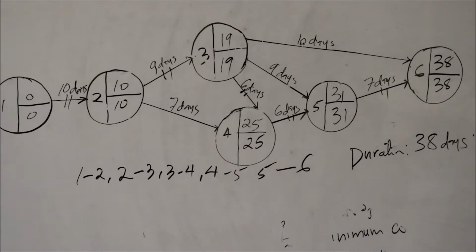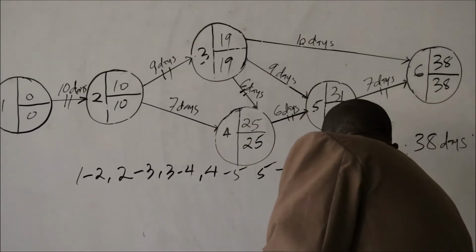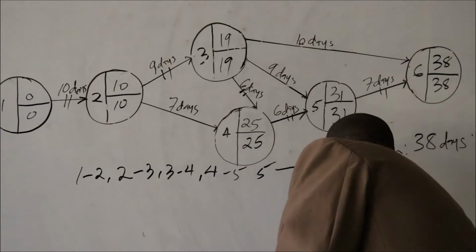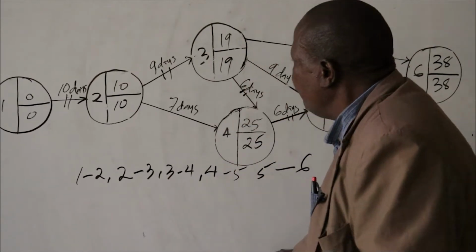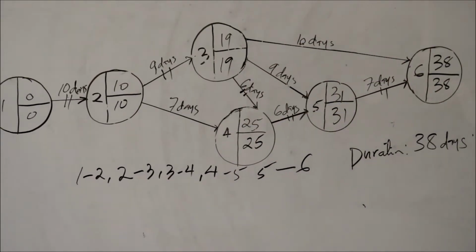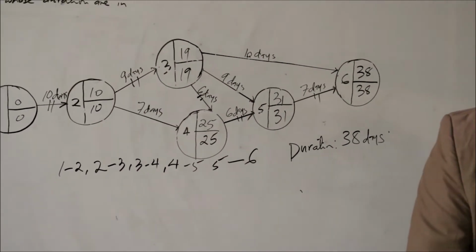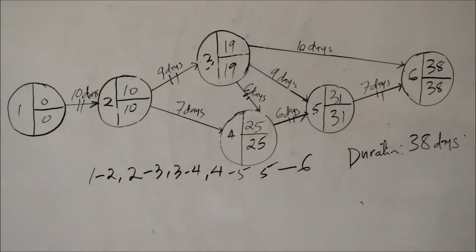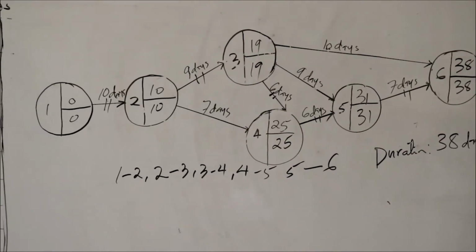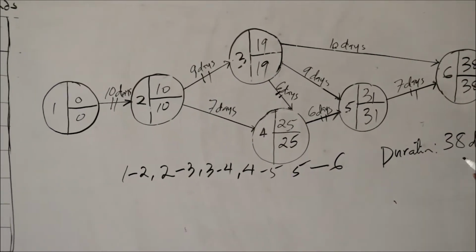Now, the next thing, after drawing that, I want to know the activities to be crashed. And for me to know the activities to be crashed, I must calculate the cost slope for each activity in the project.